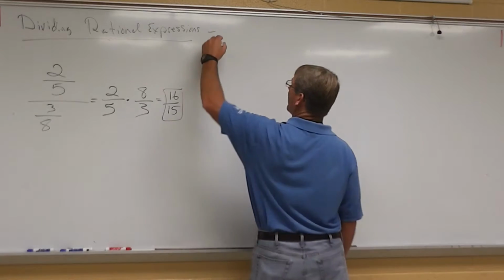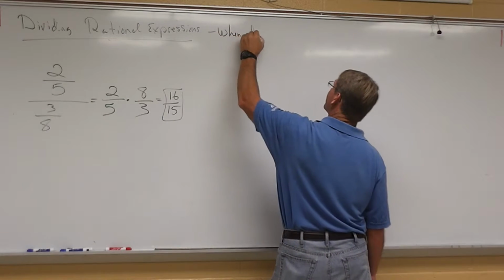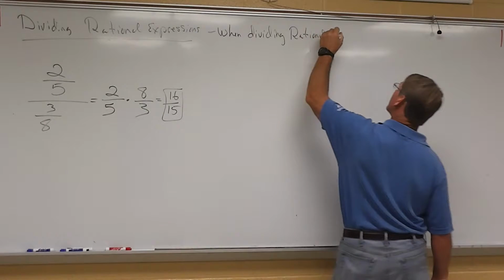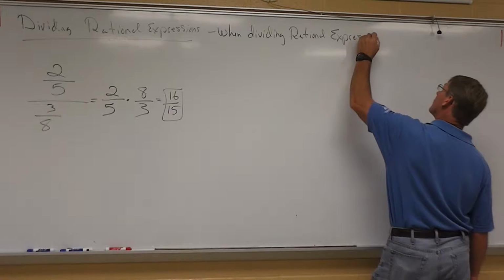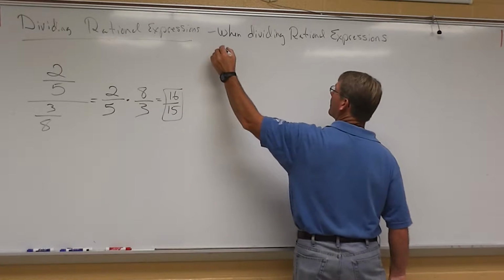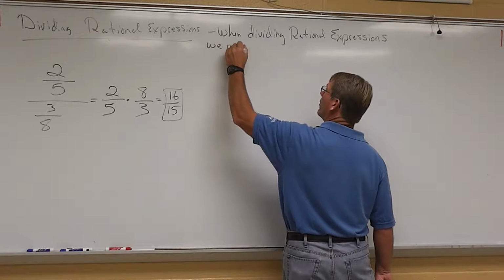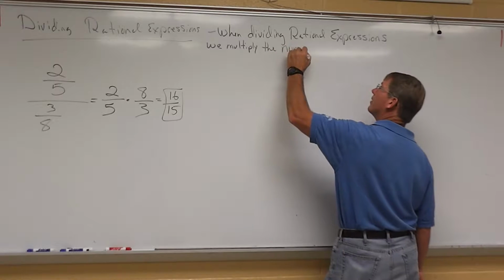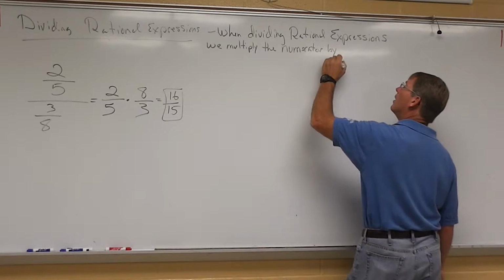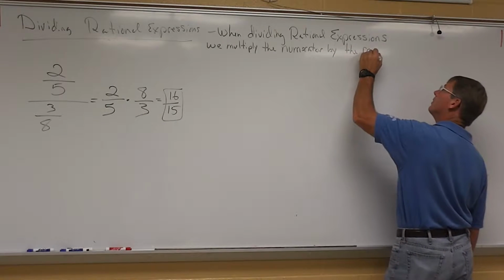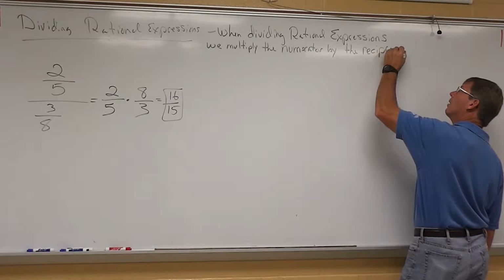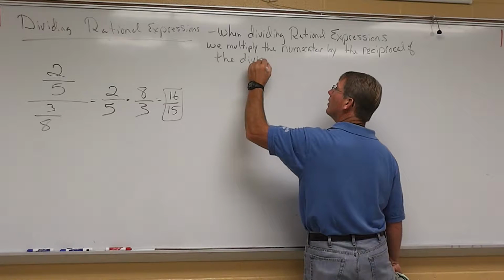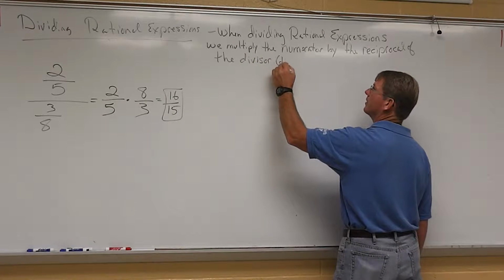So here we go. When dividing rational expressions, we multiply by the reciprocal of the divisor, which of course is the bottom fraction.